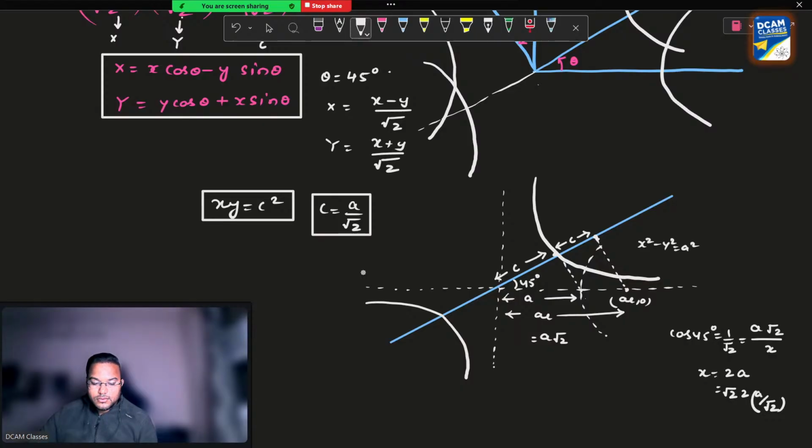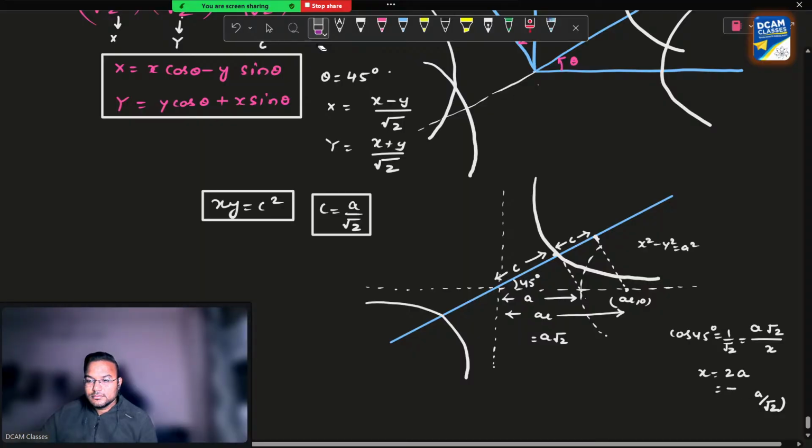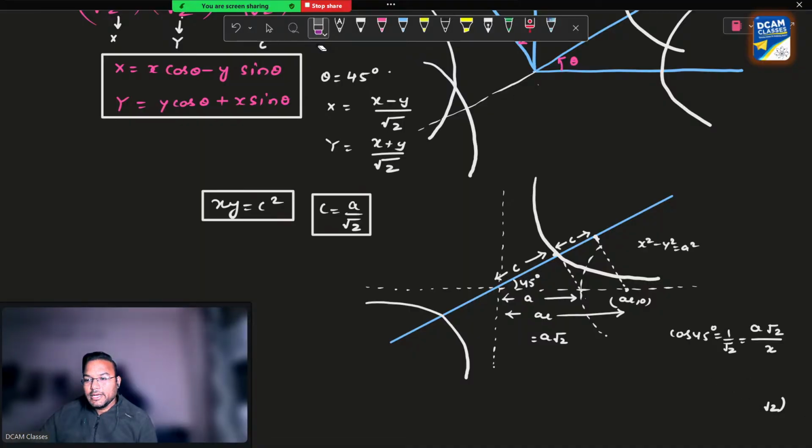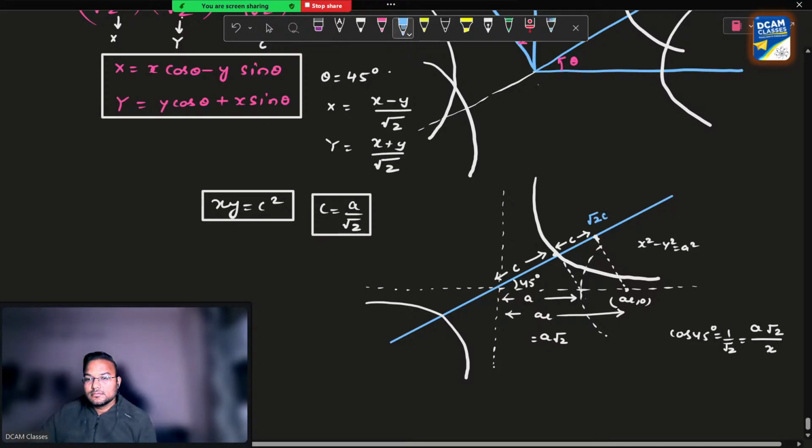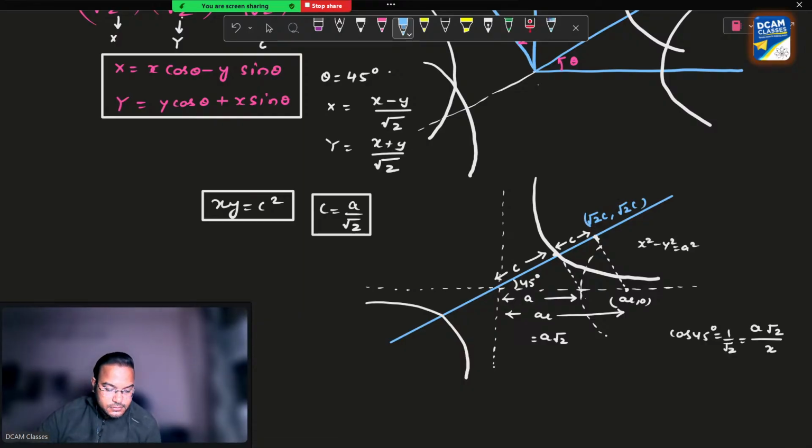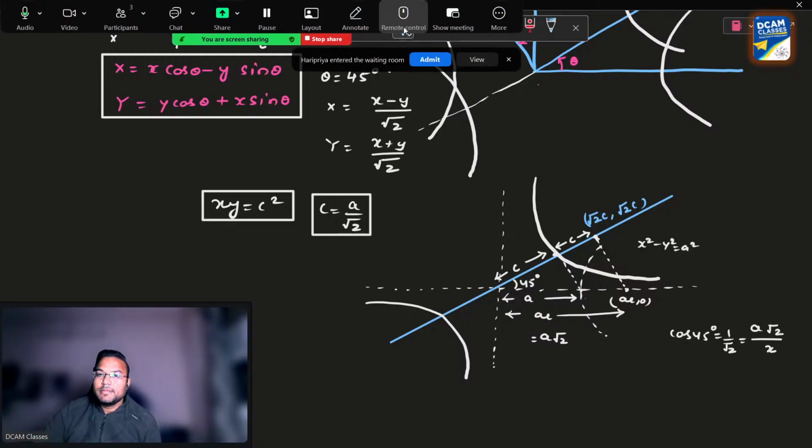No, no, no, no. The foci are actually root 2c. Did I do something wrong or what?